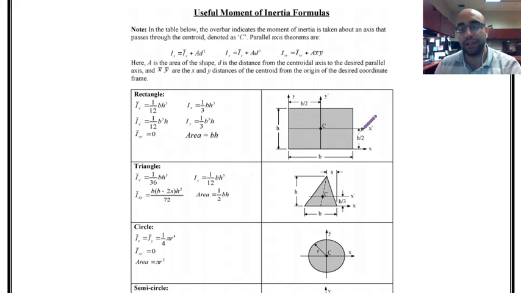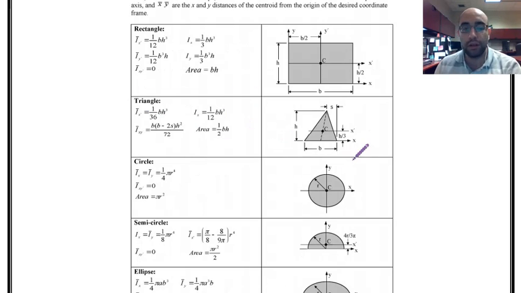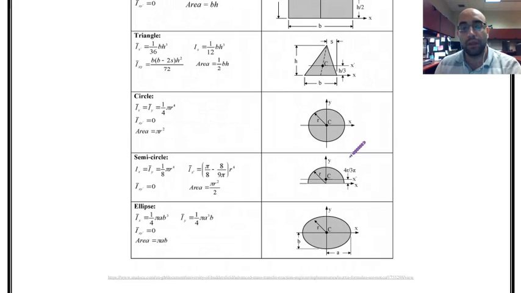As you can see, for the rectangle that we used and discussed in this problem, all the equations are given, so it is good to take a look at it or even save it for future examples that we need for finding moment of inertia.